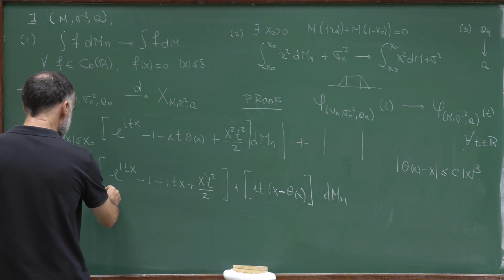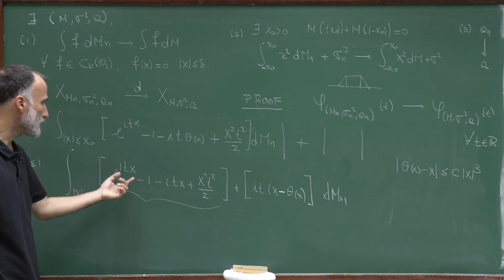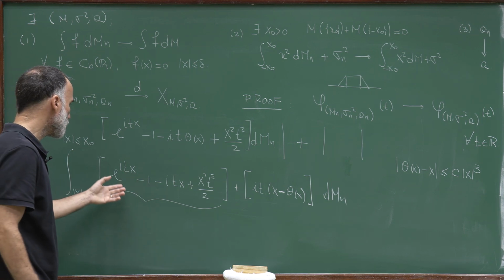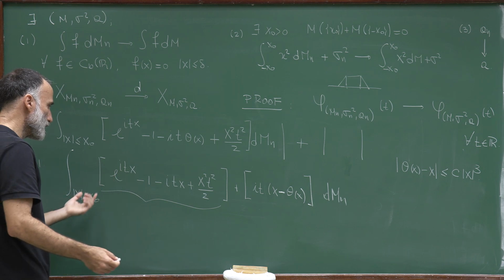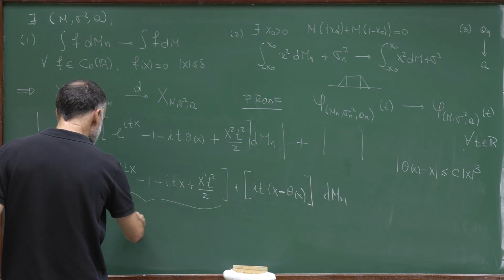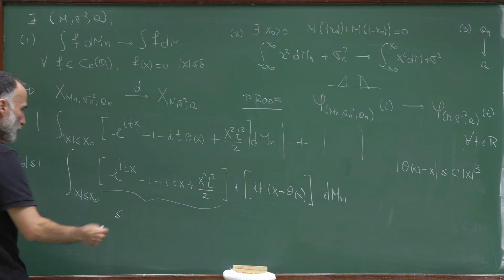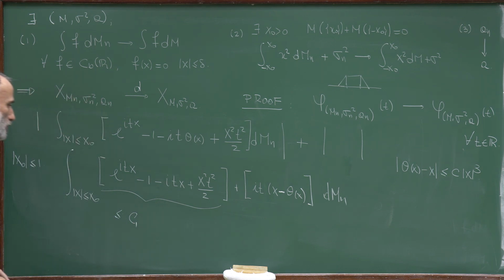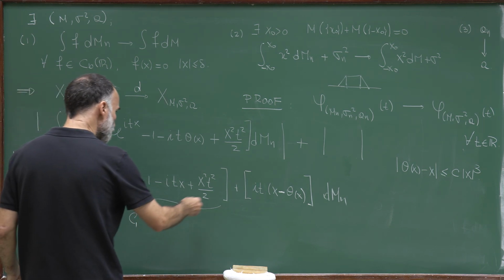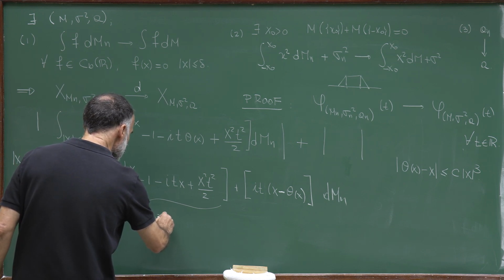Now, here I have the Taylor expansion of exponential e^{itx}. And so we know, since all derivatives of this function are bounded, that this is bounded for |x| smaller than x0. So since x0 is bounded by 1, there is a universal constant C1 for which the absolute value of this expression is bounded by |x| cubed.